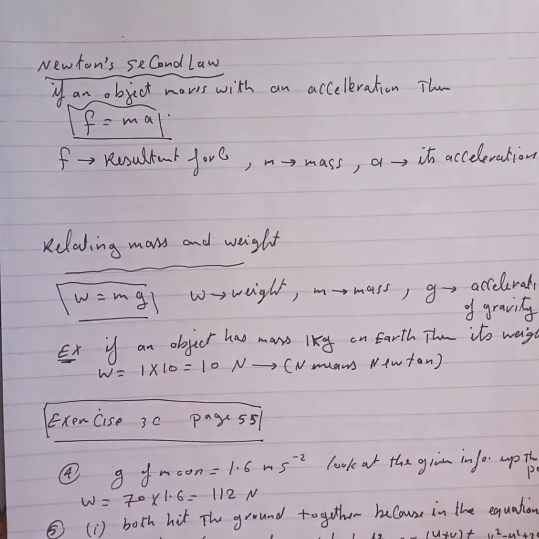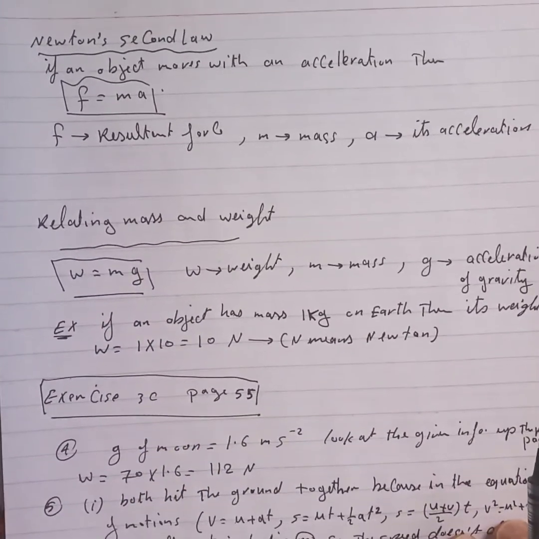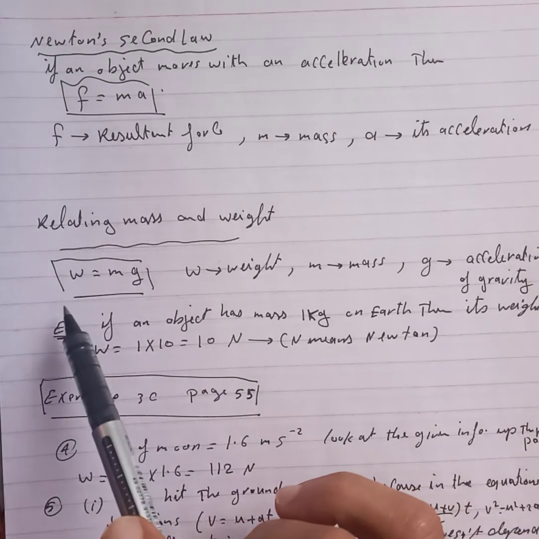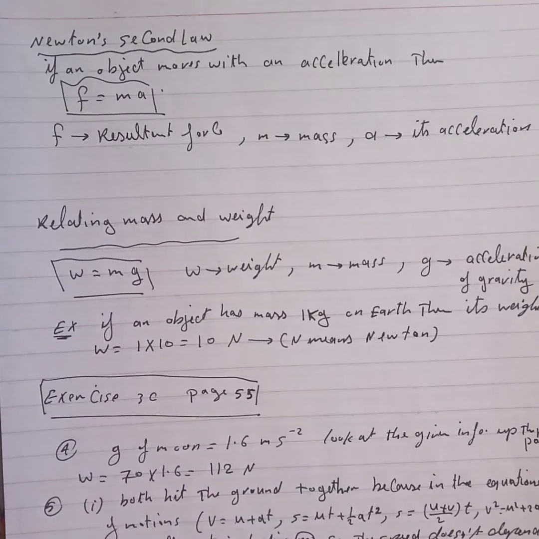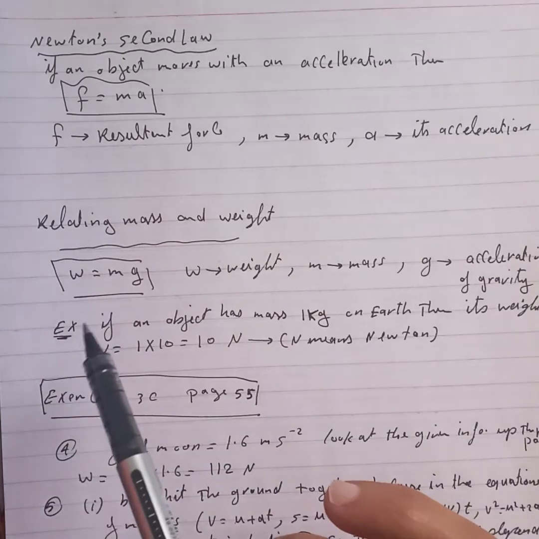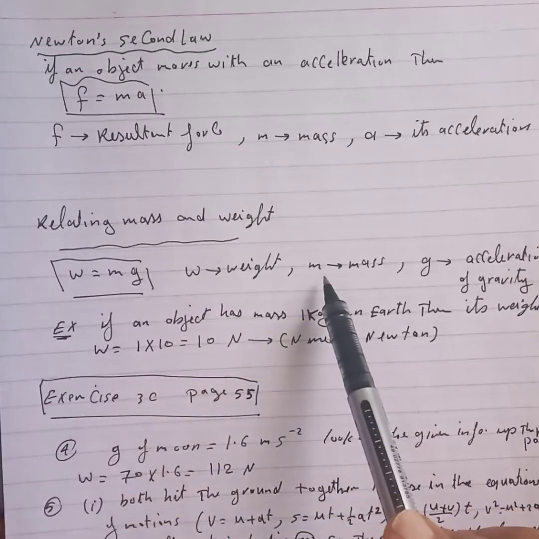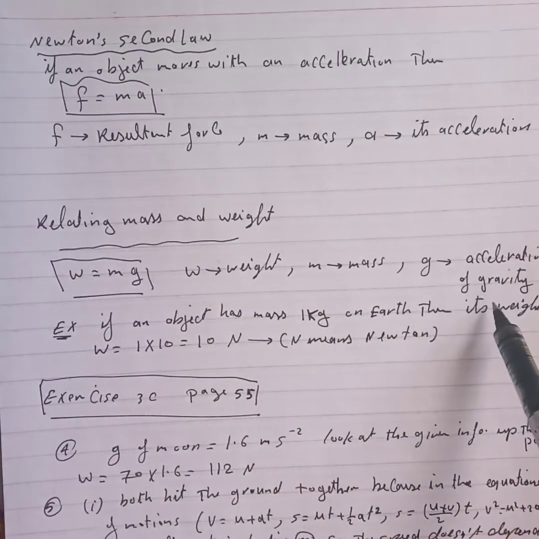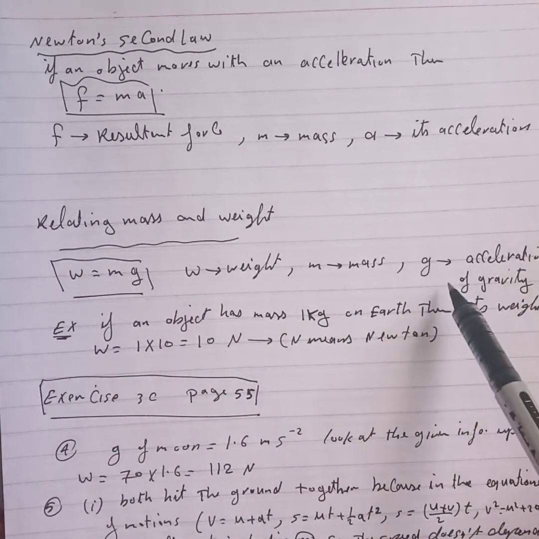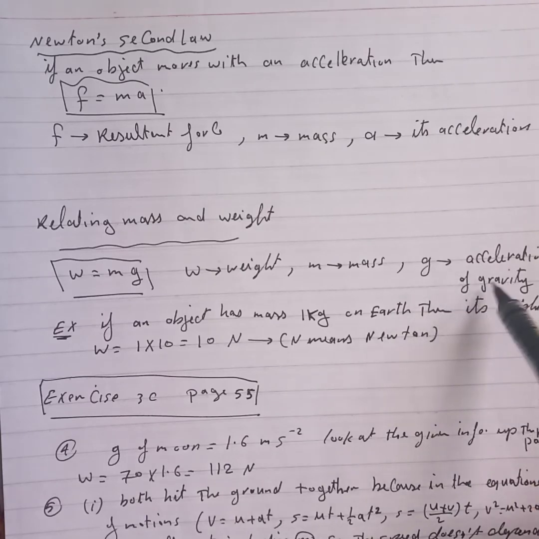Relating mass and weight: what is the difference between mass and weight? The weight equals m times g, which means the mass times the acceleration of gravity. W is weight, m is mass, and g is the acceleration of gravity. The acceleration of gravity changes according to the planet itself.